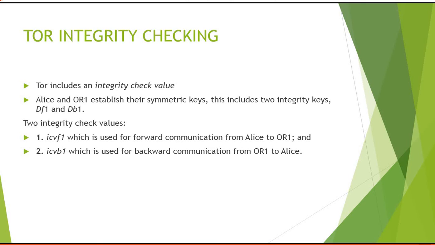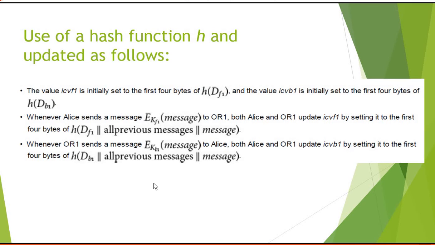In the backward communication, when it is transferred from the web server to Alice, it will go through onion router 3, onion router 2, and onion router 1. Then it will reach Alice. That is backward communication. Now let's see how hash functions will be used here.